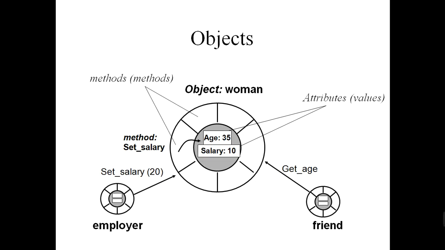Now I am taking a woman. So a woman is an object. There are two attributes, age and salary. So how to access these attributes? There are some methods: the first one is set salary, another one is get age. So these are the methods for accessing those data.